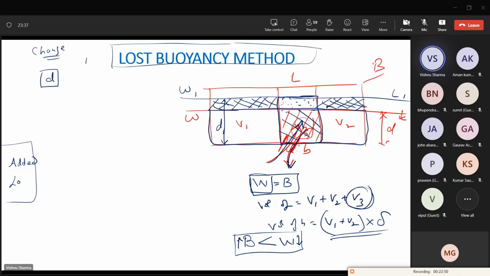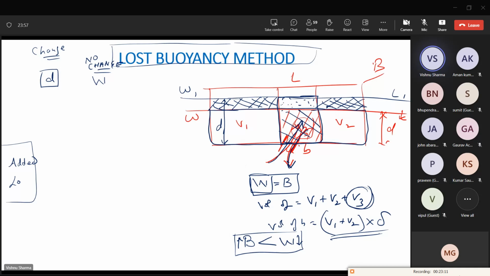What does not change? This water does not belong to me, it does not add to my weight. So the displacement of the vessel does not change. Some parameters will change. Which parameters will change?